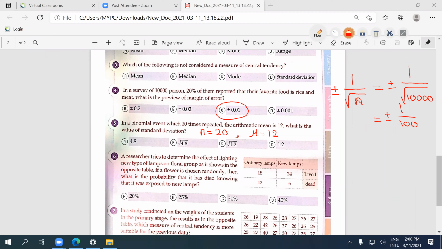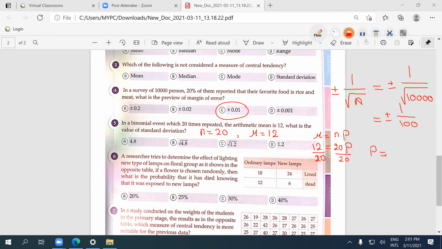I'll talk about this and give you the rules. What is mu? What is the mean? The mean is n multiplied by p. He gave me mu is 12, so 12 equals 20p. Divide both sides by 20. So the value of p, the probability of success, is 12 over 20.